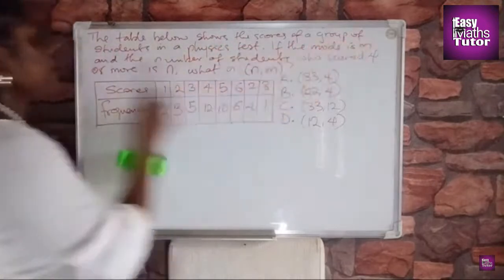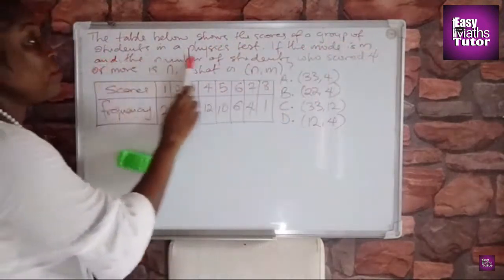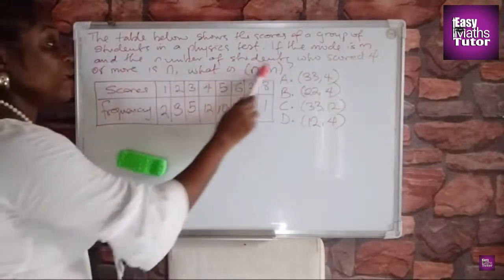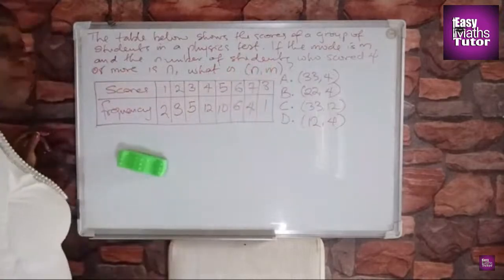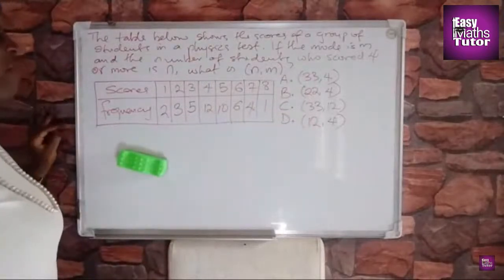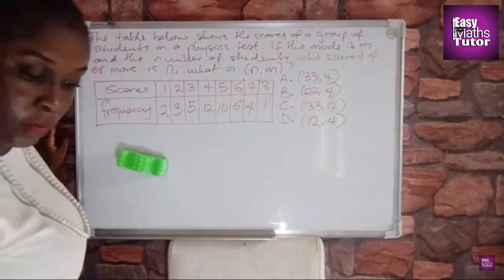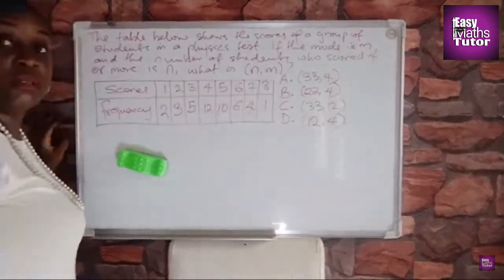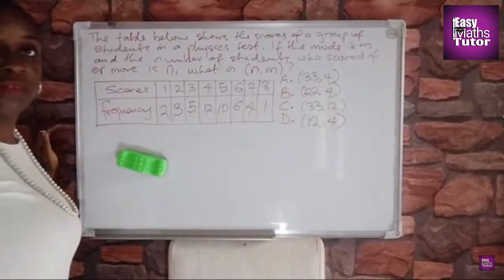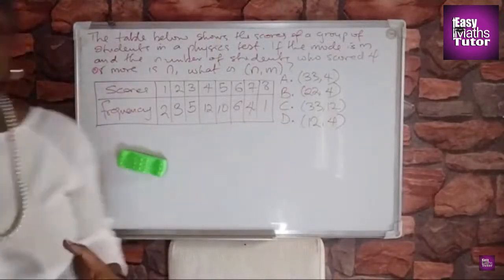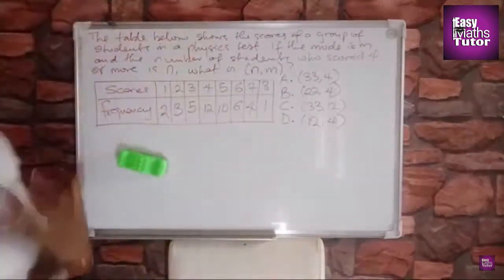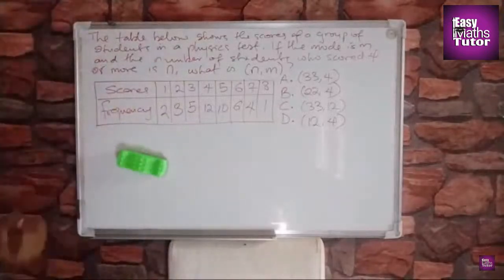If the mode is M, and the number of students who scored 4 or more is N, what is NM? And these are the options we have below, okay? So, mode is actually the highest number or the pattern of the numbers. How many times an occurrence occurs, that's the mode, okay?